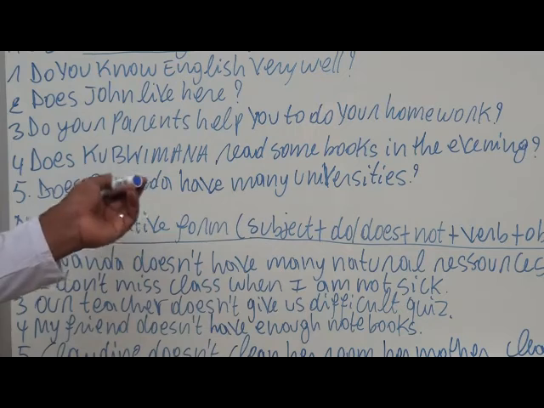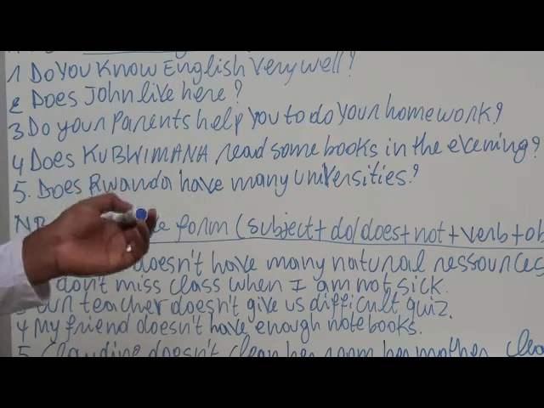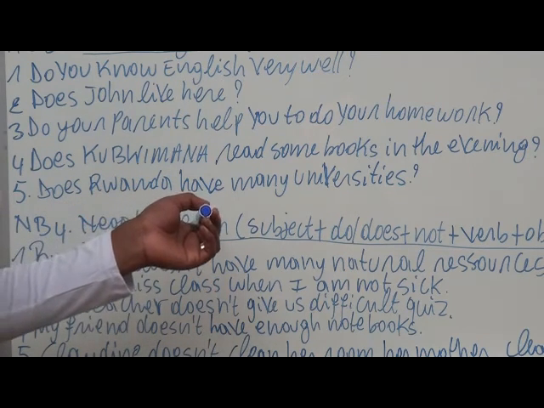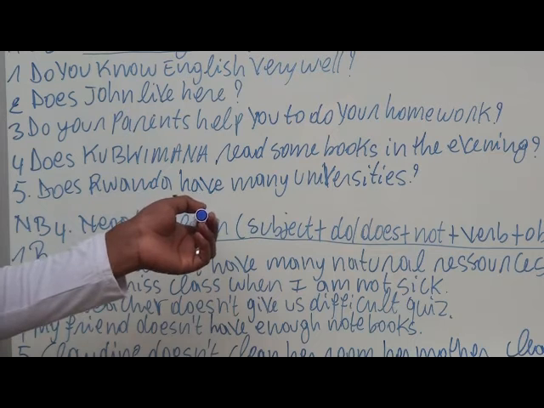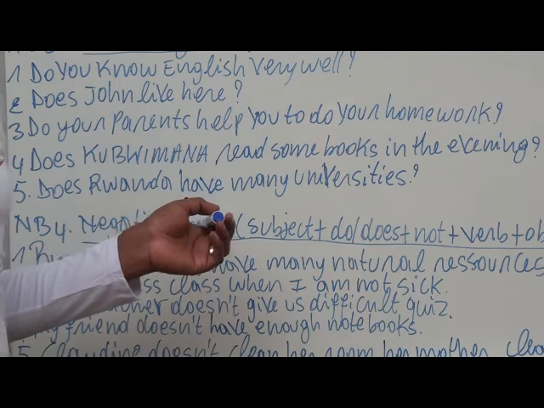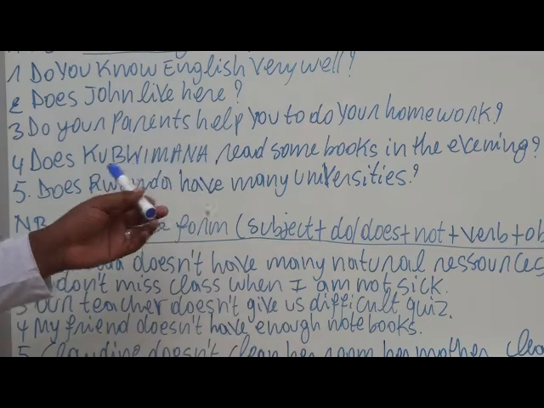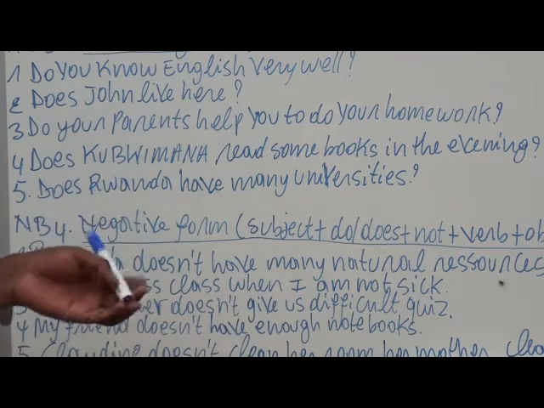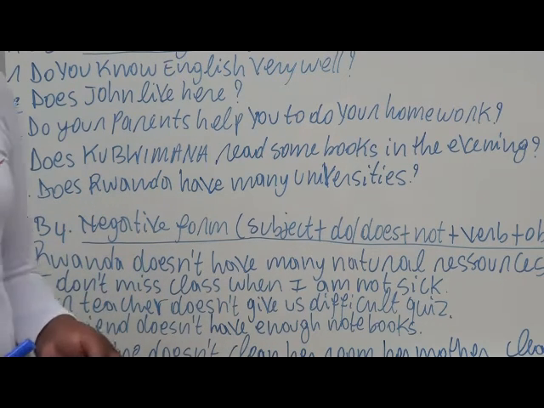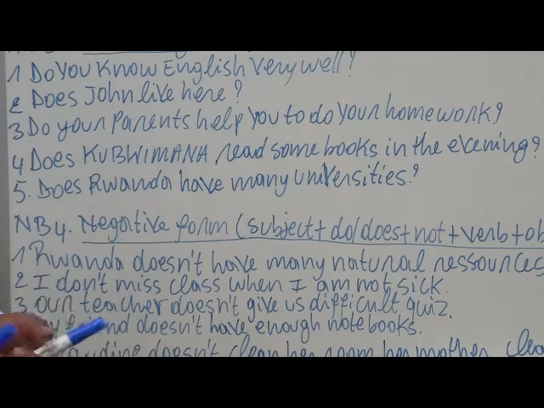When we have used the auxiliary to do, we will only need the infinitive without to. That is why we have said, does Rwanda have many universities? So this is a correct way to ask questions in simple present.